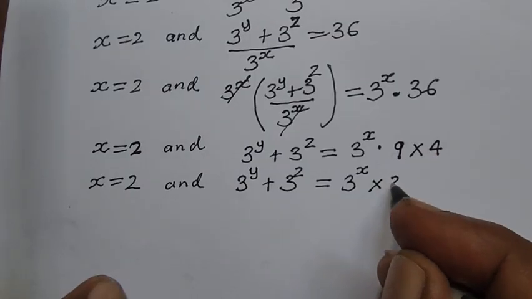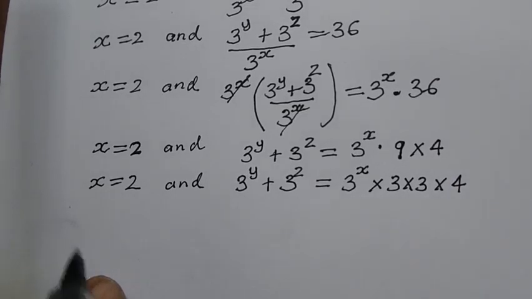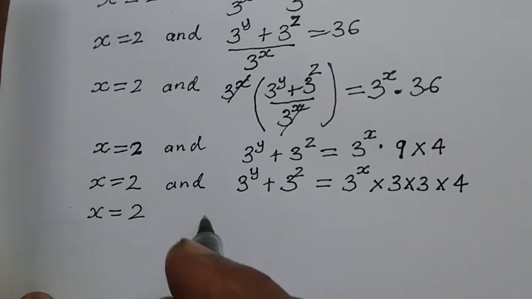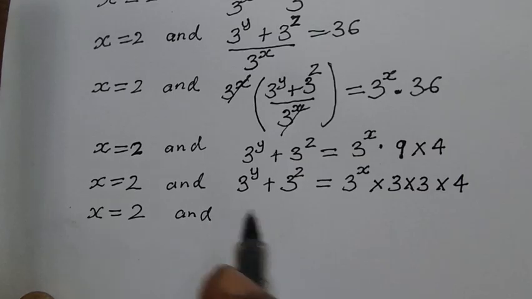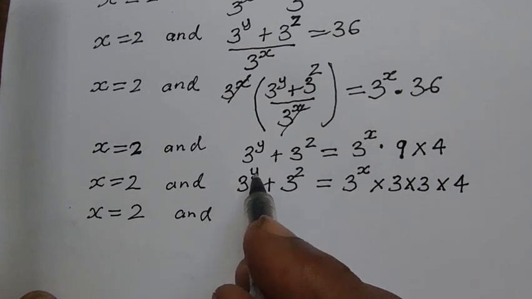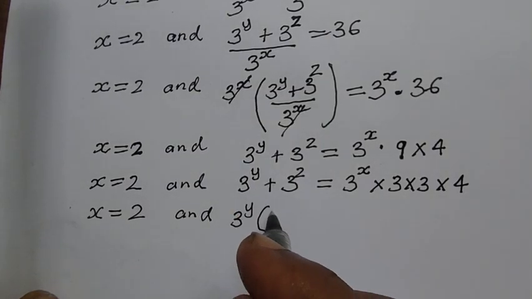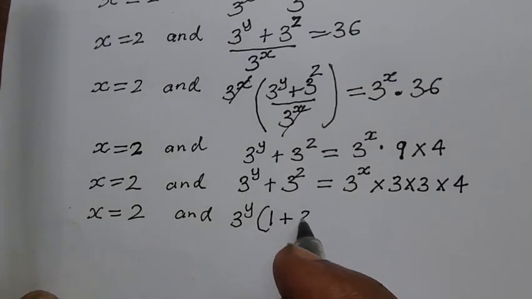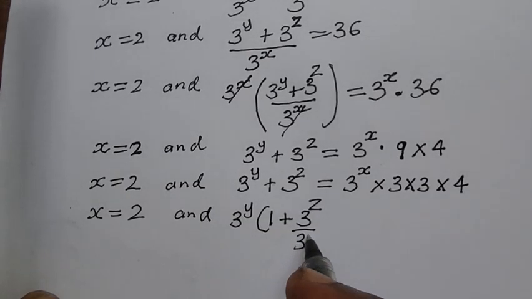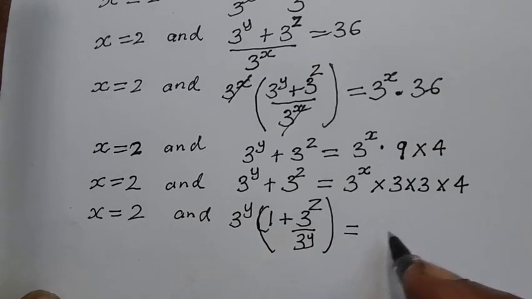This is 3 times 3 times 4. So we have x equals to 2, and again here factor out 3 raised to power y. So we have 3 power y in the bracket. Here we're going to remain with 1 plus 3 power z over 3 power y in the bracket equals to 3.